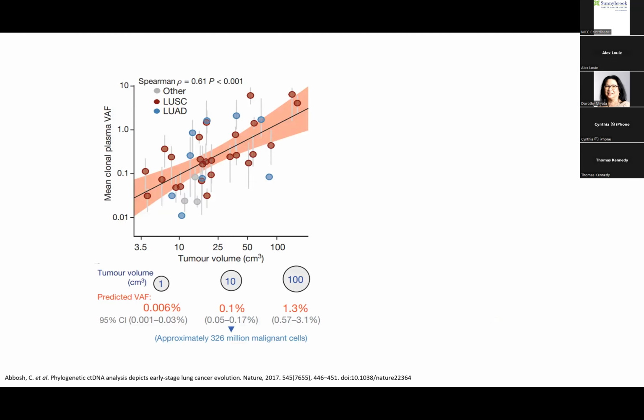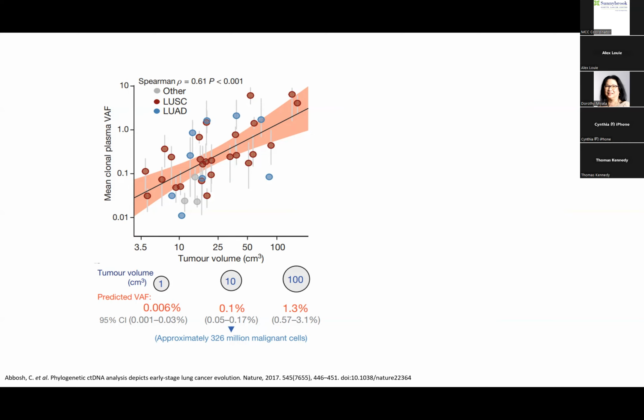Here, Abish et al. identified that the amount of analyte, particularly in this case, the variant allele frequency, which is a measure of how often a mutant allele is identified as a percentage of the total alleles identified, is directly proportional to the volume of a tumor that we can see either in the lung or elsewhere.